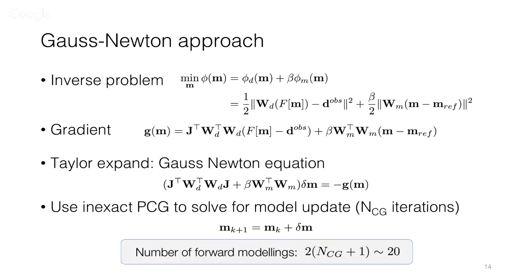And then we're going to solve this system using conjugate gradient, actually it's preconditioned, but the conjugate gradient technique, which involves taking this matrix and multiplying it on there. So the number of forward modeling of your system is basically two times the number of solver iterations. So maybe 20 or 30.